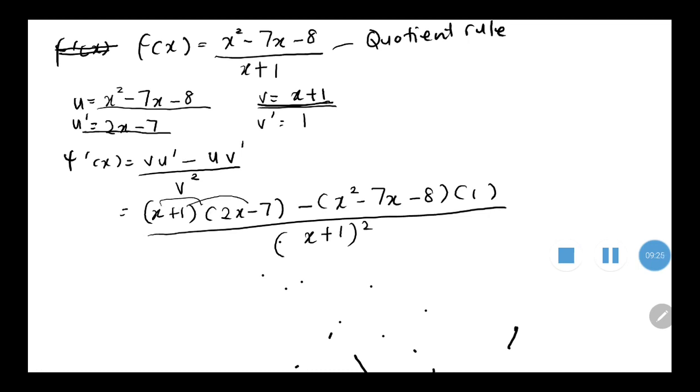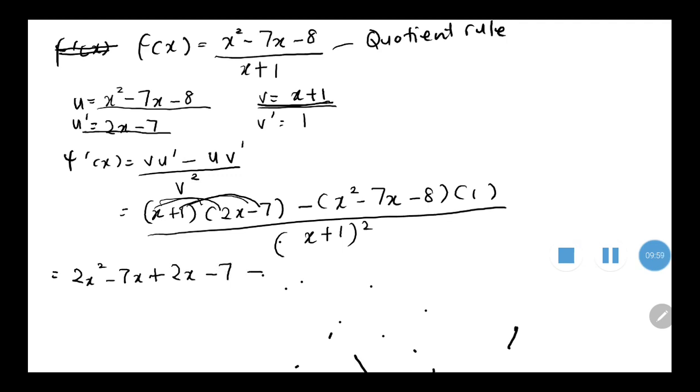Okay, and then this you should get 2x squared minus 7x plus 2x minus 7.